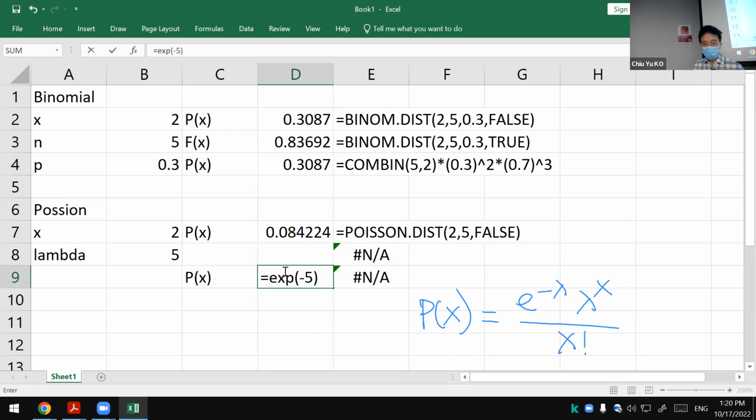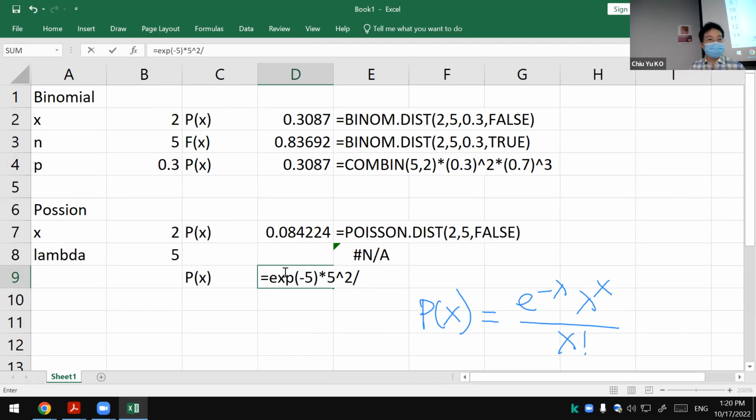The first term is e to the negative lambda. The second term in the numerator is lambda to the X, so it's 5 to the power 2. The last term is the denominator, which is the factorial of X.